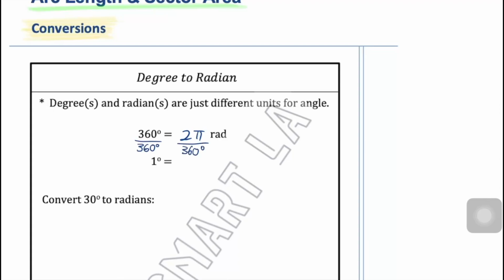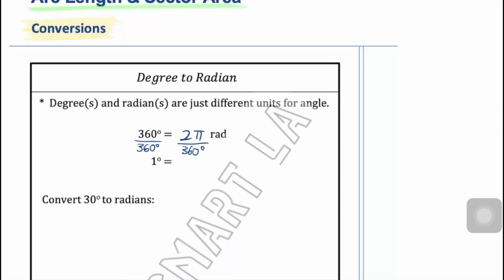So what does that do? When 360 divides by 360, which is itself, you will get 1. So any number divided by itself, you will get 1. Whatever you do to the left side, you have to do to the right side as well, so that the equation is still equal.